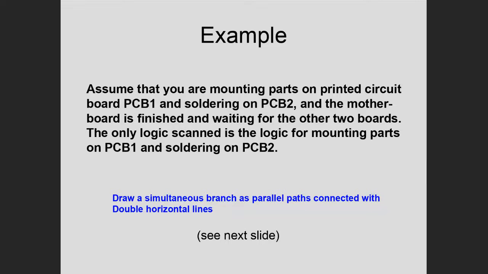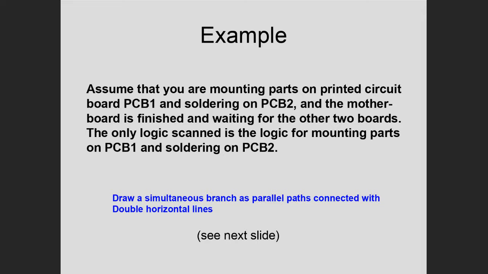So in this industrial process, we're making computers, PCs. For this particular part of the process, it says assume that you're mounting parts on a printed circuit board called PCB1.